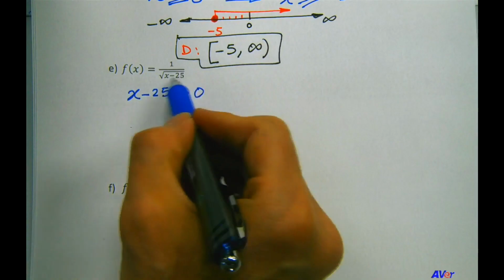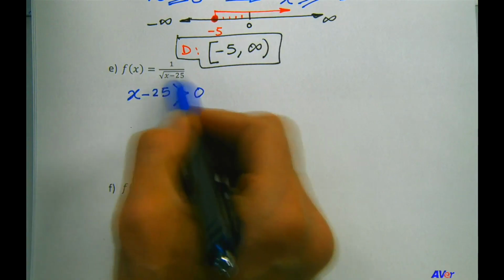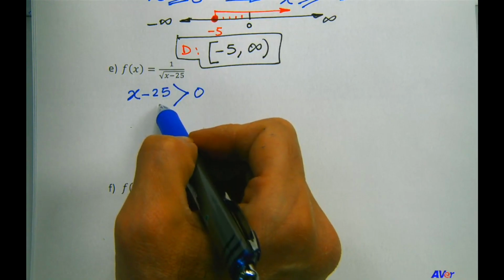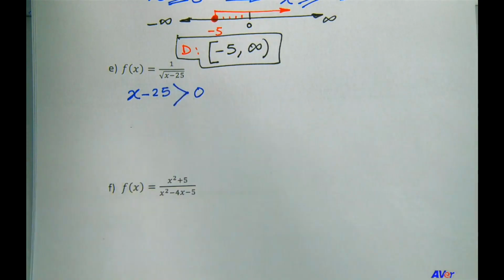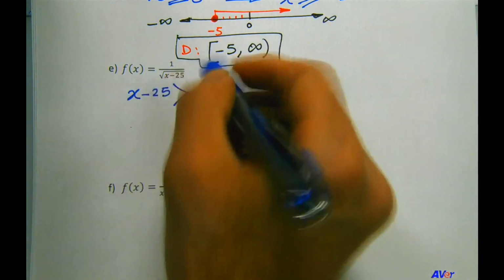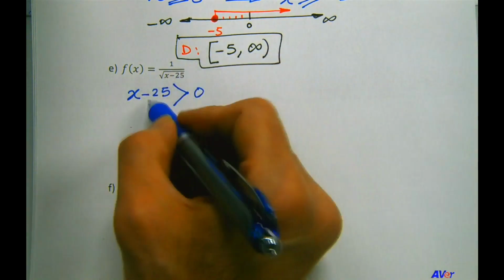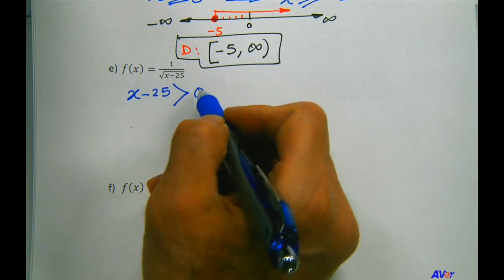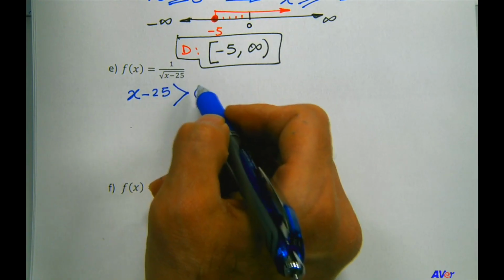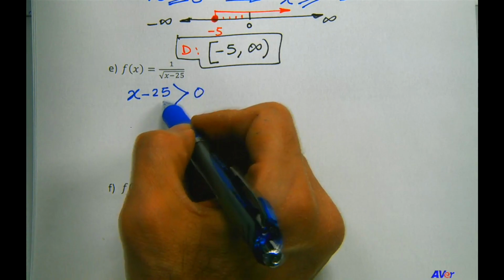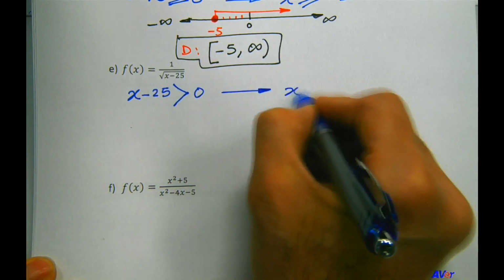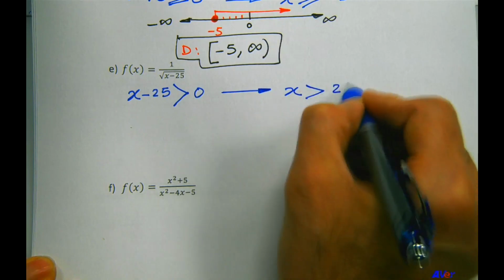Because if it's 0, this piece is the denominator of a fraction, and we cannot have it equal to 0. If it wasn't, we could have it be 0, but not here. So x minus 25, the expression inside the radical in the denominator, must be something positive that is not equal to 0. So now let's solve this inequality for the value of x. x greater than 25.